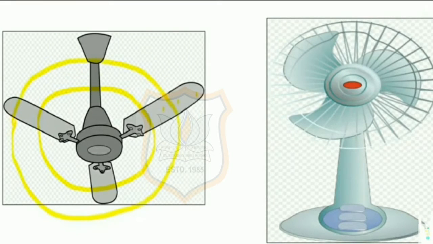The electric fan or the clock by themselves are not moving from one place to another, but the blades of the fan rotate, and so do the hands of a clock. If we mark a point anywhere on the blades of a fan or on the hands of a clock, the distance of this point from the center of the fan or the clock will remain the same as they rotate.